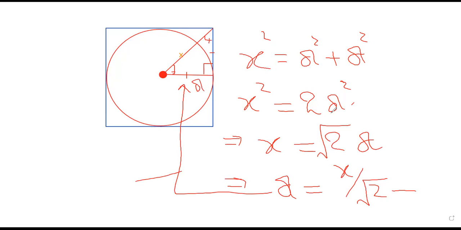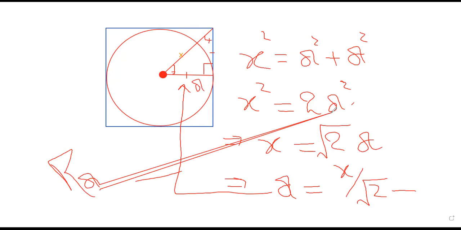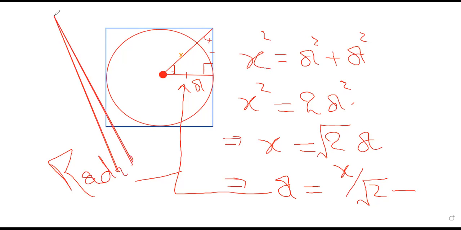So this was all about the calculation. Radius is what in terms of x? x over square root 2.